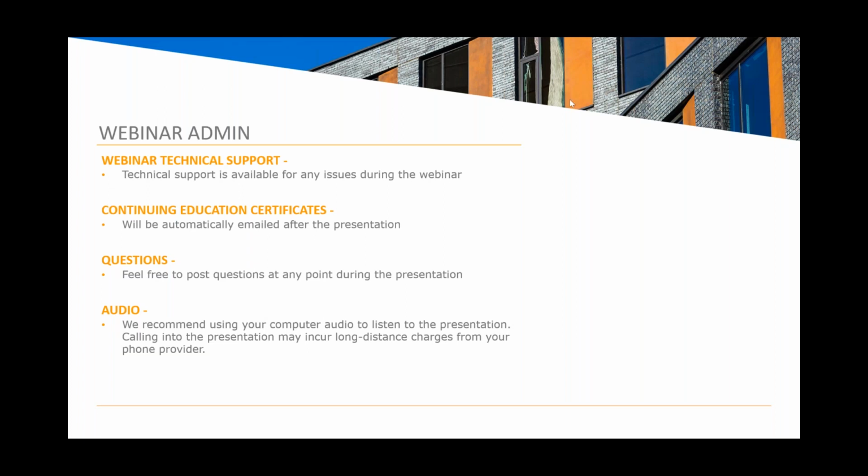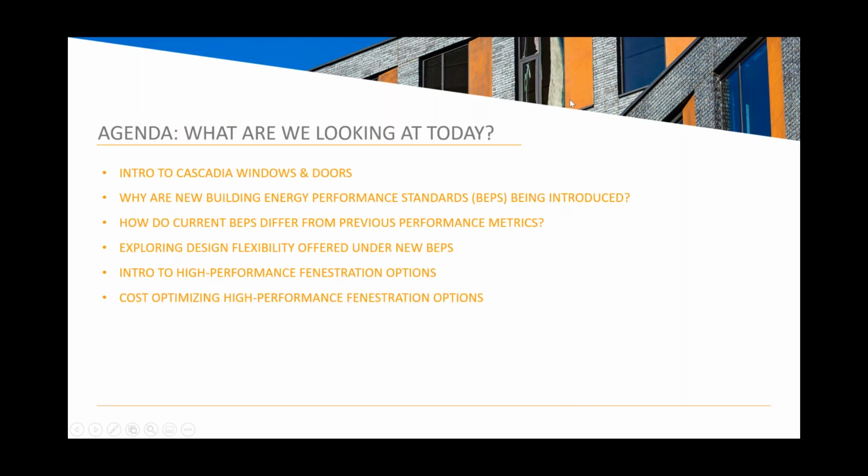And so without further delay, let's get into today's agenda. We'll do a brief intro into Cascadia Windows and Doors. Who are we? And then why are new building energy performance standards, or BEPS as we'll refer to them for short, being introduced? How do current BEPS differ from previous performance metrics?